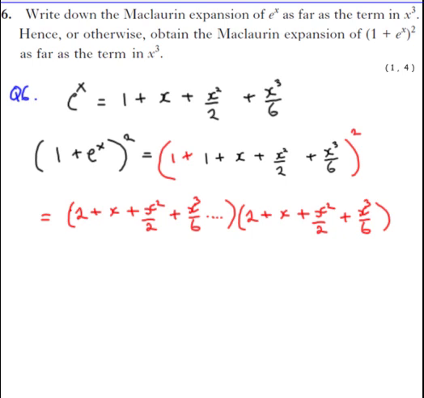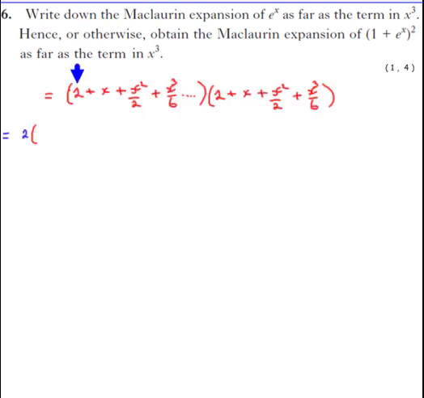Now to multiply this out, we only want to consider the terms which are going to give us no higher than x cubed. So we start off by multiplying 2 by the whole of the second bracket. So that's 2 times 2 plus x plus x squared over 2 plus x cubed over 6.